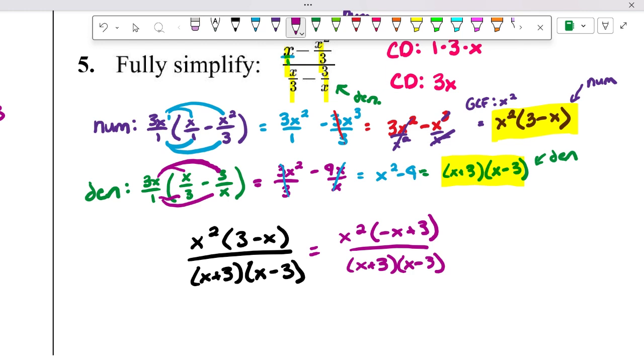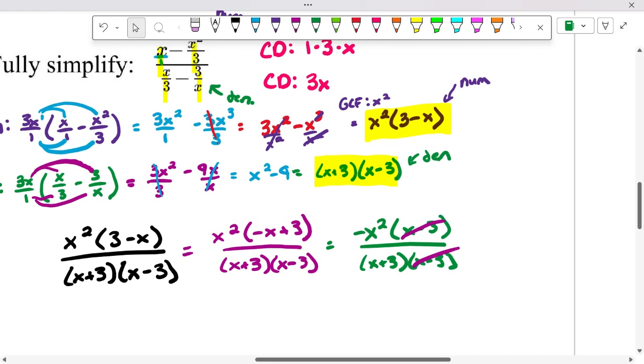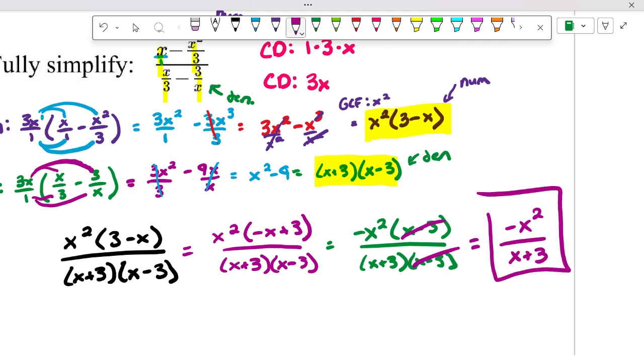So, guys, if you ever have a situation where you just need the signs to flip so you can cross something out, just pull a negative out. So this now becomes negative x squared times x minus 3 over x plus 3 times x minus 3. Now we can cross out our x minus 3's. And we're left with negative x squared over x plus 3. Nothing else cancels, so we're done.